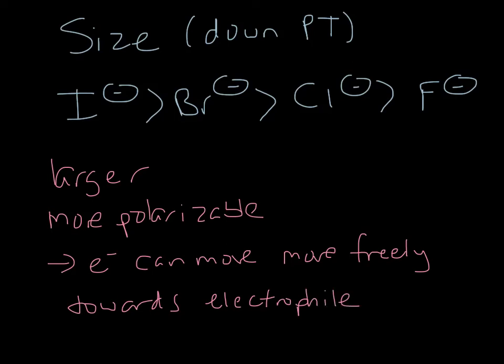So any species that is larger is going to have electrons that are less tightly held and are more able to polarize and move towards whatever the electrophile is, which results in better overlap and more strong bonding during that transition state. So as size increases, nucleophilicity increases.